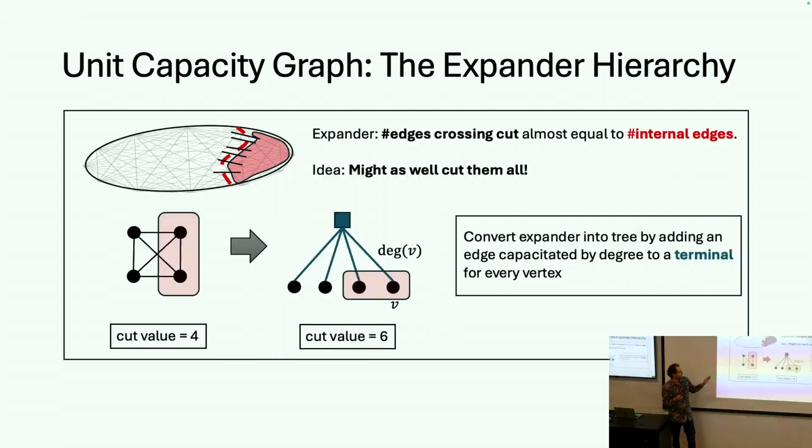And you can see that for every cut here, the cut value over here is roughly similar. We somehow get penalized for this edge inside here a bit. We count it twice even. But if the number of edges that go out is proportional to the number of edges inside, we can afford this, at least if we're fine with paying this multiplicative loss.